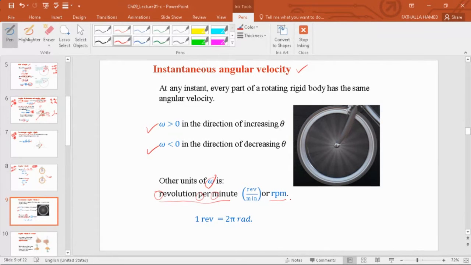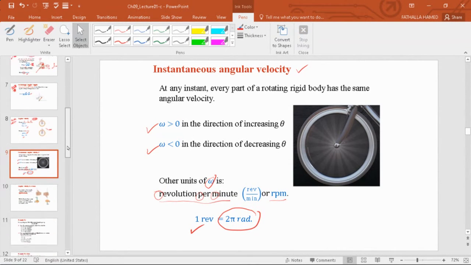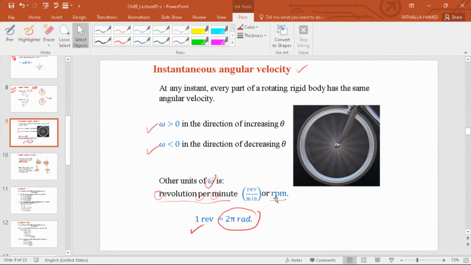And you can convert from rad per second to revolution per minute, because you know that one revolution contains 2 pi rad. And of course, you know that the minute contains what? Contains 60 seconds. So that's another unit that we use, but usually, since this is used a lot, you find yourself converting RPM to rad per second to use it in the equation. Is this clear?